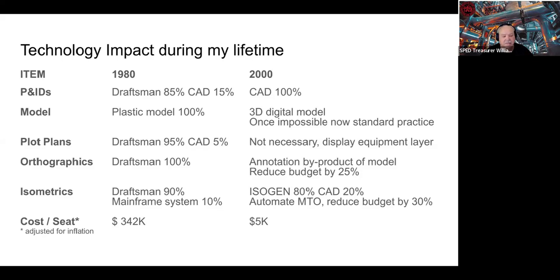My final comment is that the industry has worked with the idea that designers are a profession all to themselves. There's a piping engineer, and there's a piping designer. But the piping designer is becoming more of a power user.